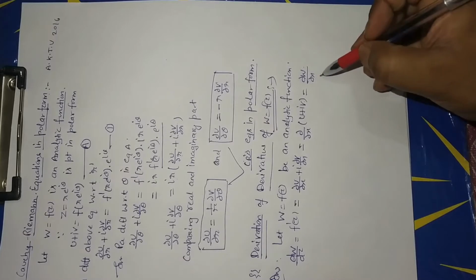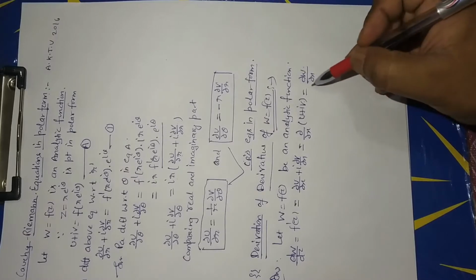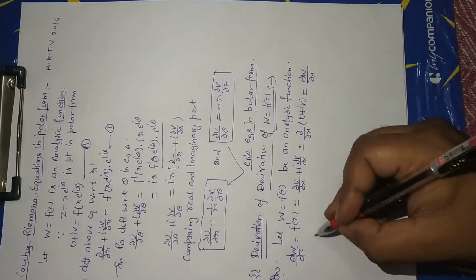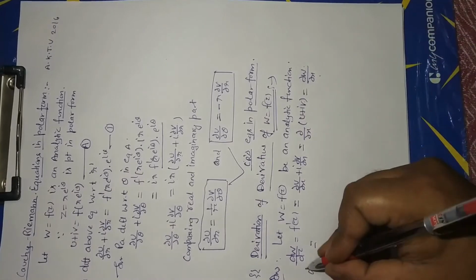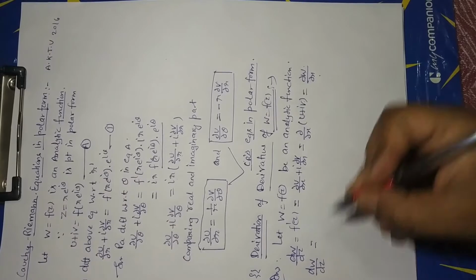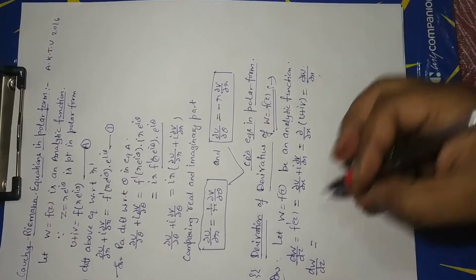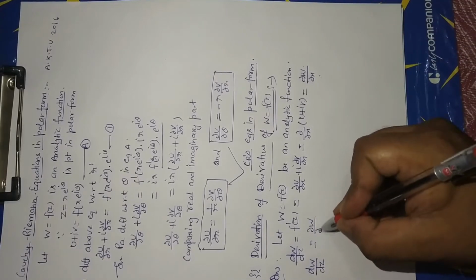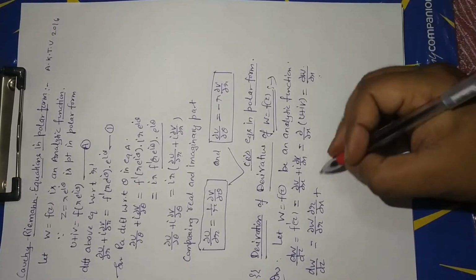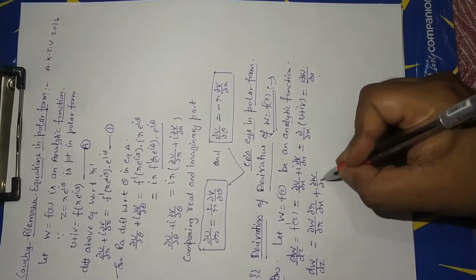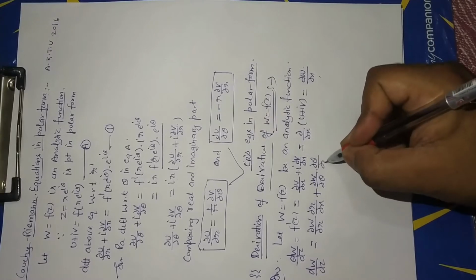Now we can write dw upon dz equals del w upon del r into del r upon del x, plus del w upon del theta into del theta upon del x.